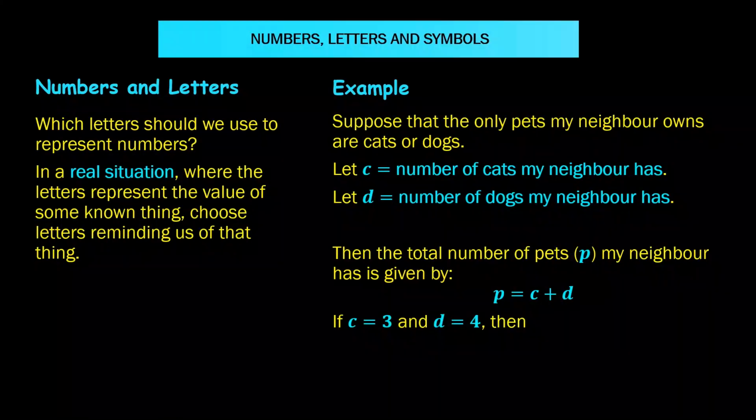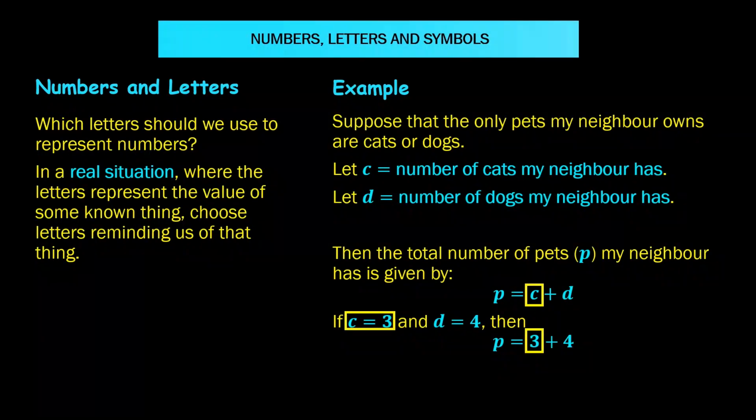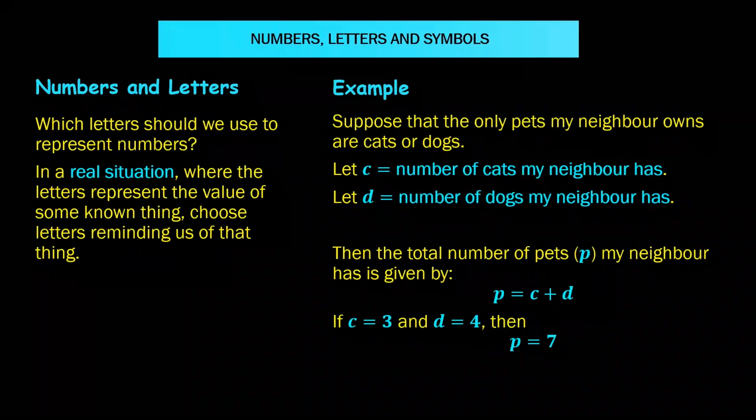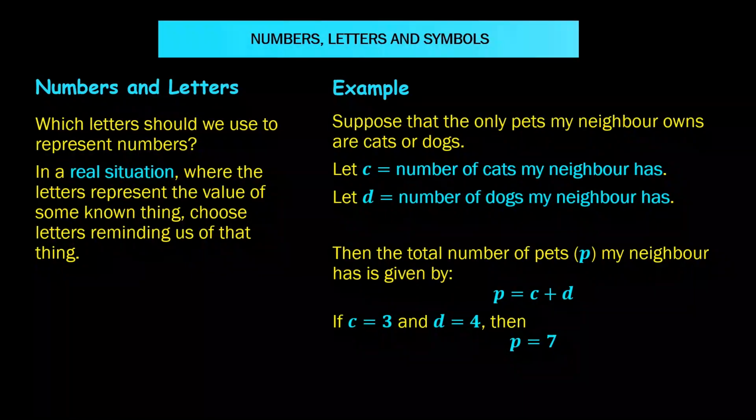If C equals 3 and D equals 4, then P equals 3 plus 4. So P equals 7.